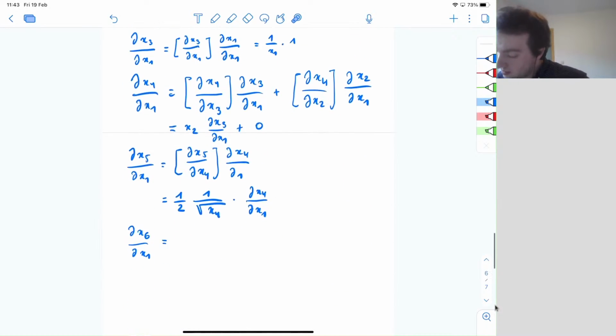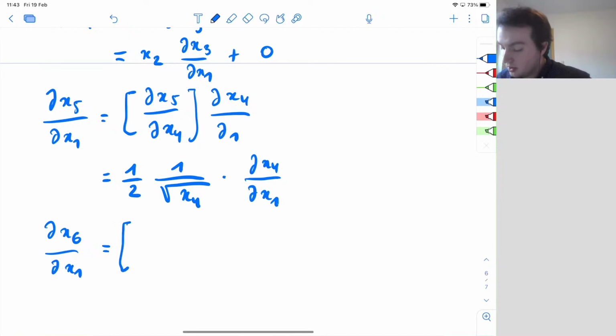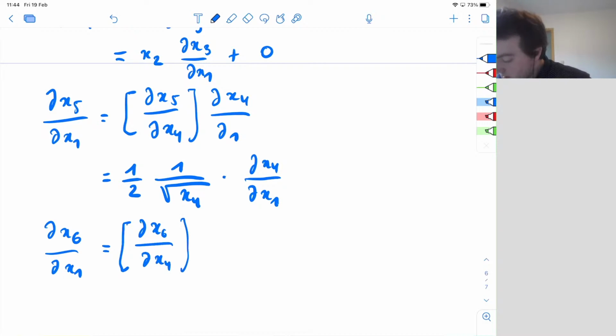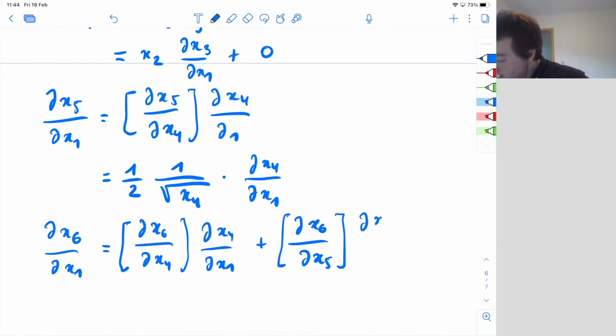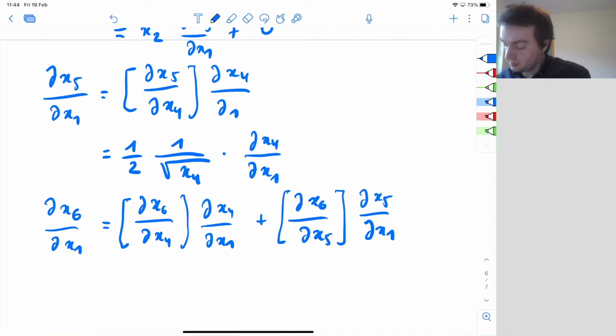So two parents, and we would have that it's equal to the derivative of x6 with respect to its first parent x4 times the Jacobian of x4 with respect to x1, plus the second parent, the derivative of x6 with respect to x5 times the Jacobian of x5 with respect to x1.